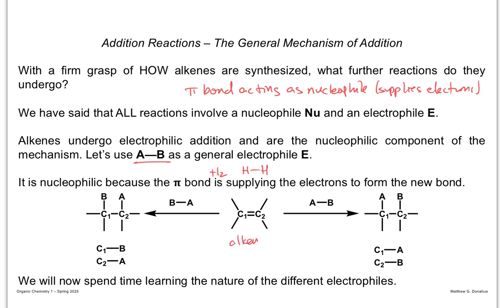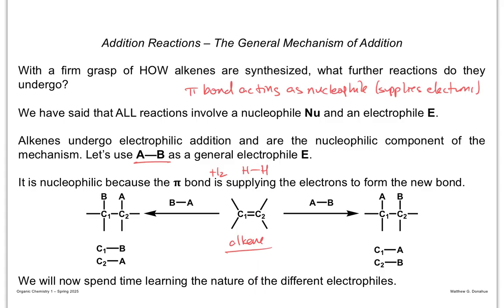So in the center reaction, there's your alkene, and I've designated them carbons 1 and 2. What is one of the complicating factors here? If A and B are different in the electrophile, we have to figure out what carbon atom, 1 or 2, is getting what element, A or B. So the word for that is called regiochemistry.